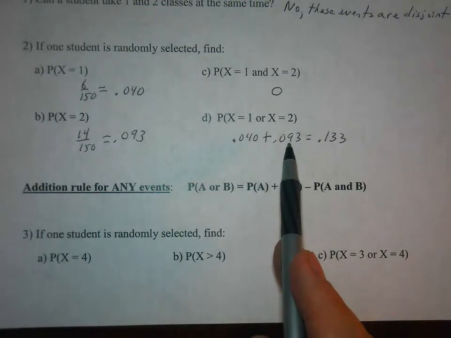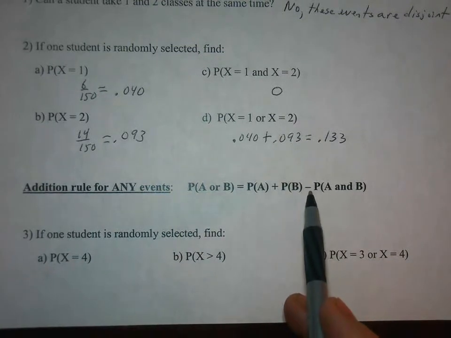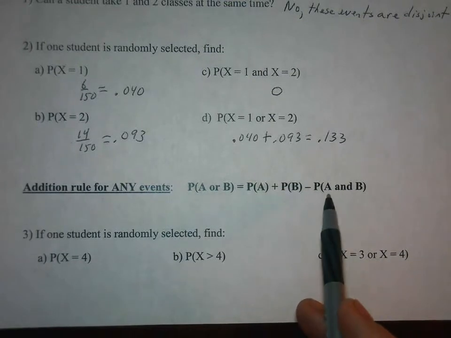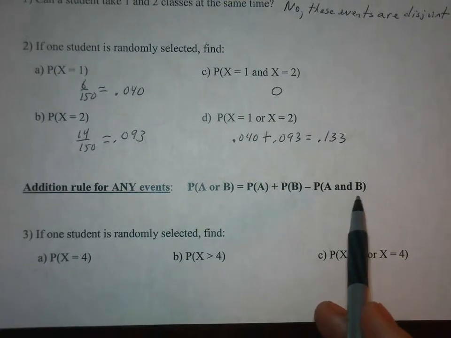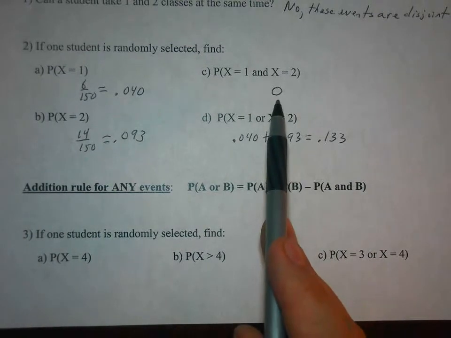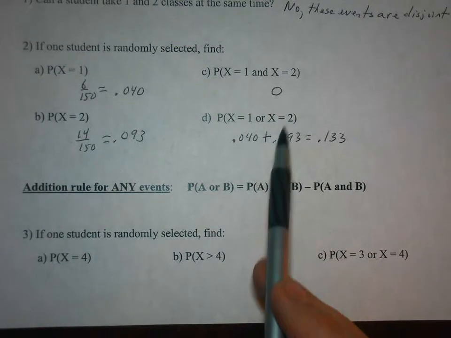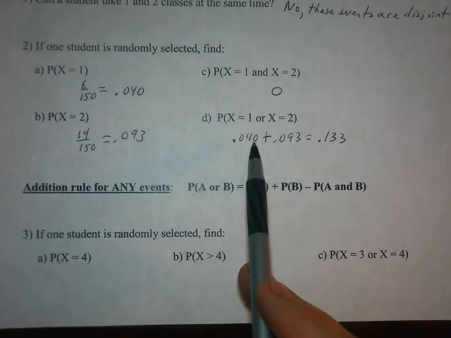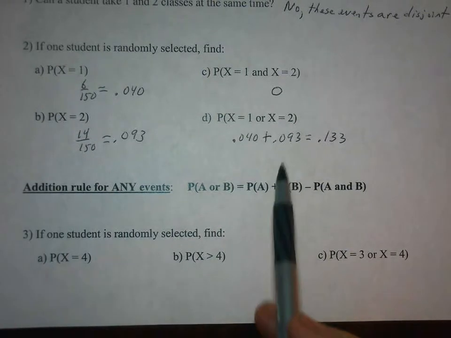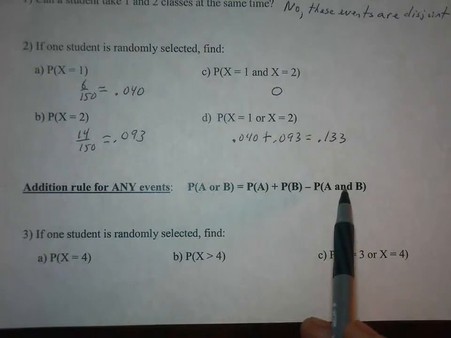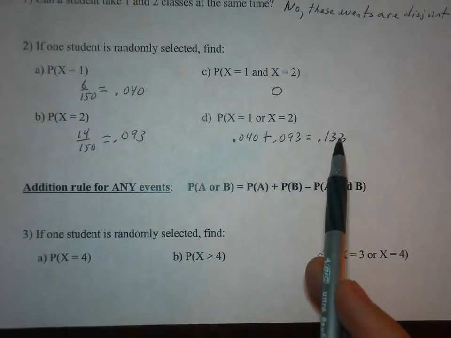So we're going to add 0.093. And then you would subtract the probability of A and B. So a student saying they're taking 1 and 2 classes, which we already said was 0. So technically, you would take the 0.04 plus 0.093 minus 0, and then add those to get 0.133.